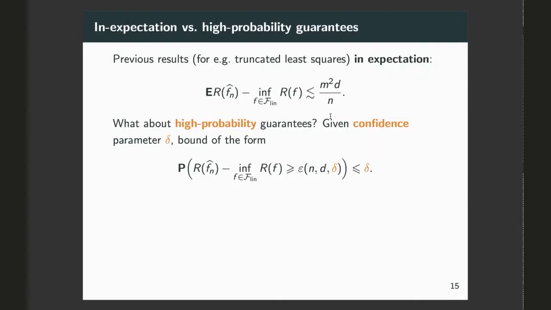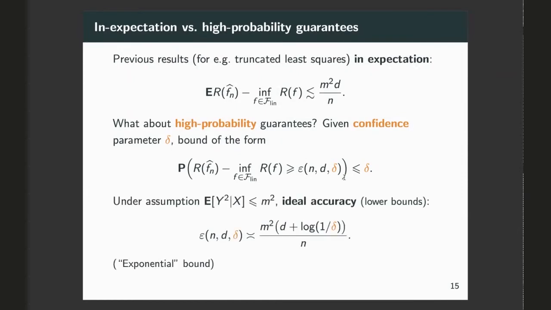For a high probability bound, we have to specify a confidence parameter, delta, which is a probability of failure and will typically be small. Then you want the probability that your estimator gives a small excess risk to be at least 1 minus delta.